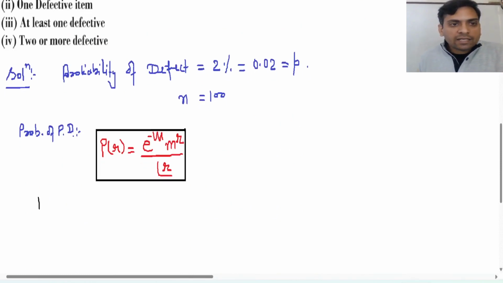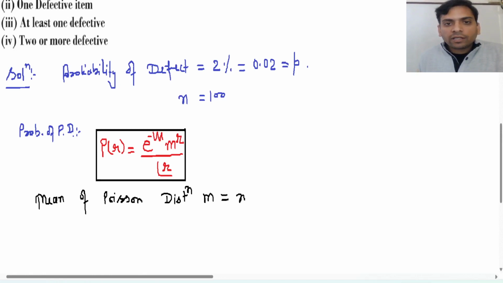So first we will write the mean of Poisson distribution, which is denoted by M. So M equals NP. Clear? And N in this case is 100, and P is 0.02.